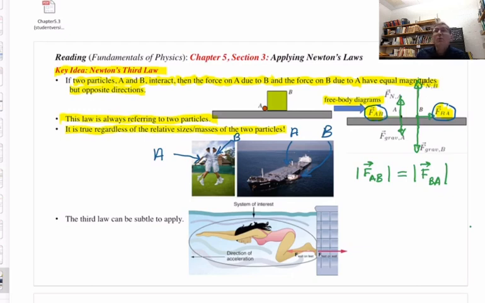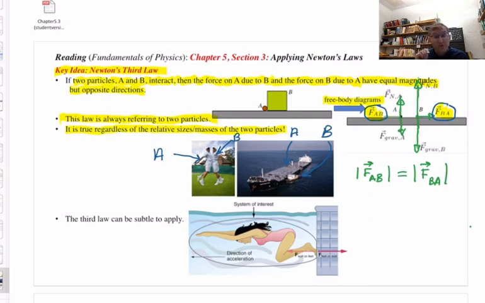Now, I think what causes people trouble in accepting what I just said about the tanker and the tug, and the fact that they exert equal sizes of forces on each other, is because they're confusing an application of the third law with the second law. If you want to know why the tanker ship is accelerating in a particular direction in this scenario, you need to look at all the forces on the tanker, all of them.